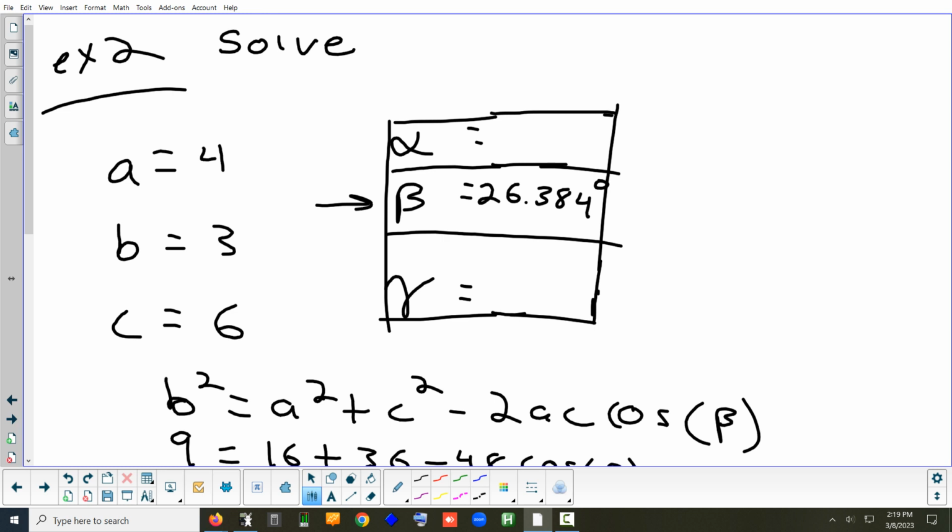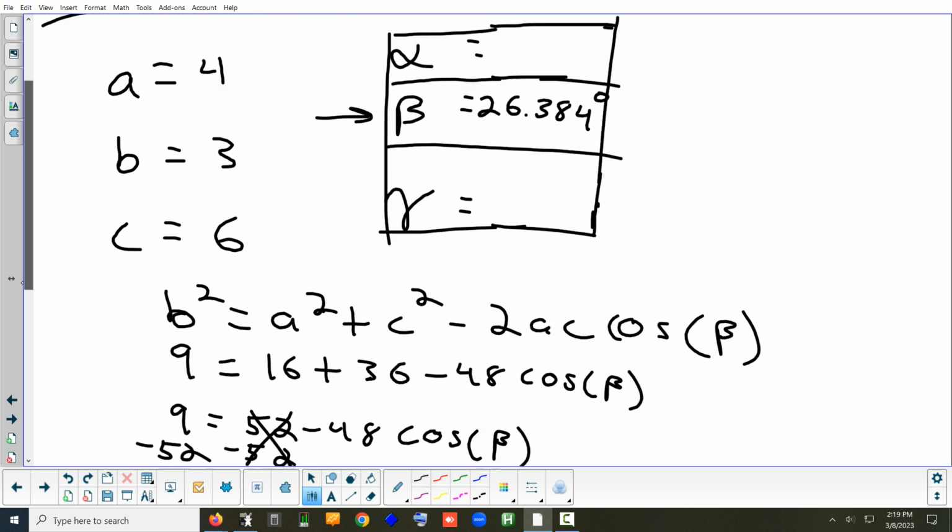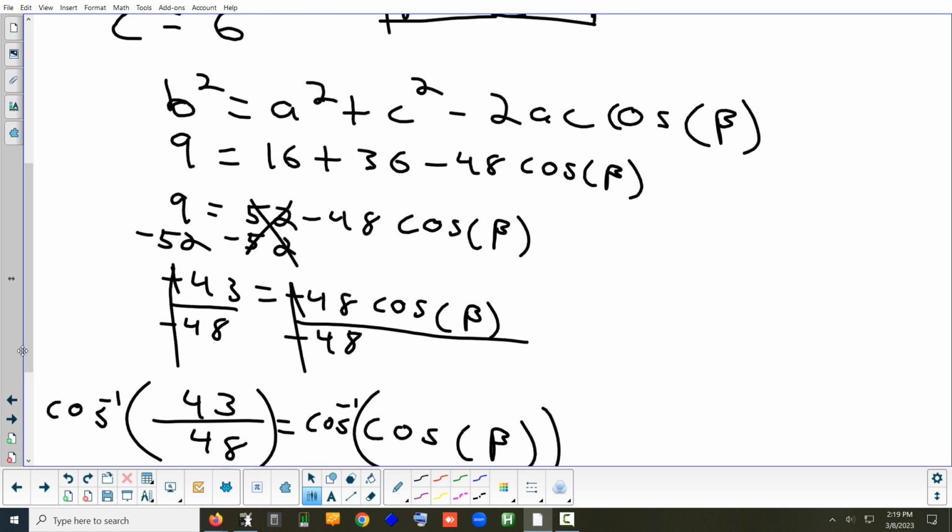Okay, so now we've got one angle. We would do law of cosines one more time to get whichever one you want, and then add them up and subtract from 180. But does anybody have a question on how you do law of cosines one more time? Just exactly what you repeated here, but all the numbers are going to switch around.